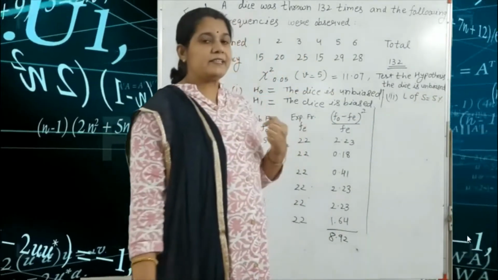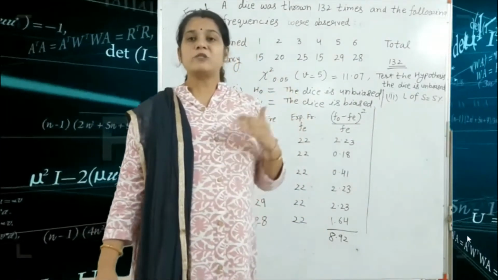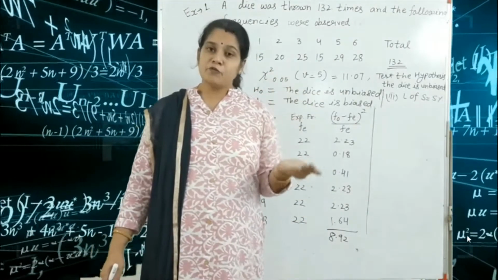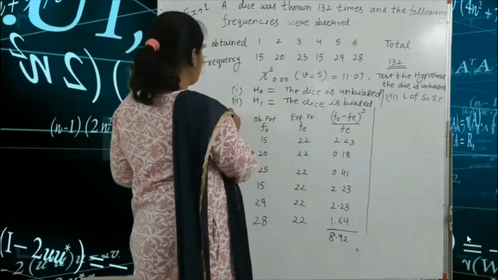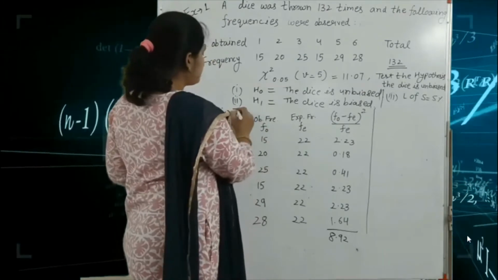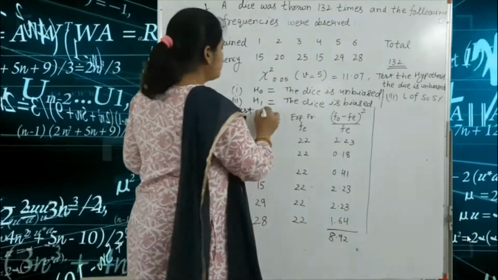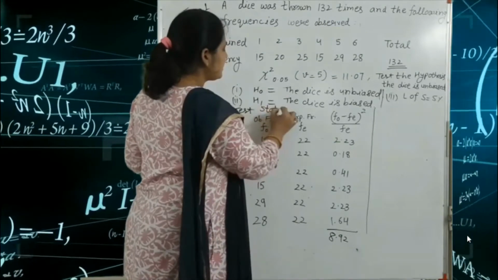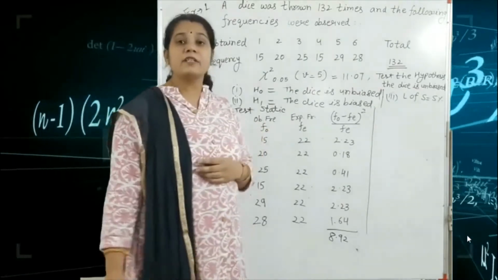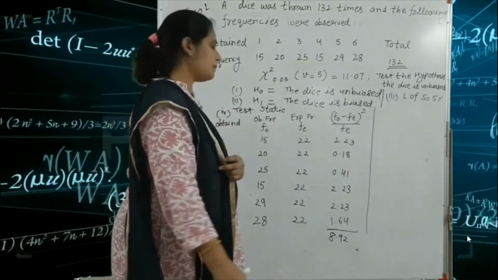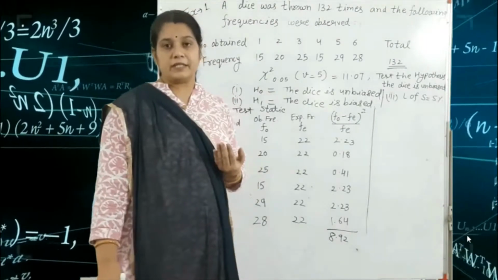The fourth step is the test statistic. In the chi-square test, in our fourth step, we make the table and find the test statistic value. The form of the table is: first we write the number obtained.